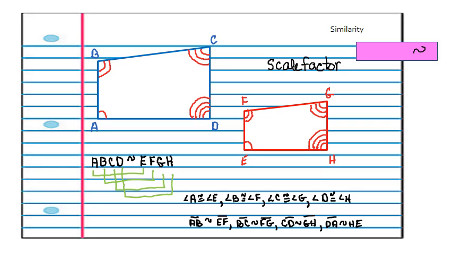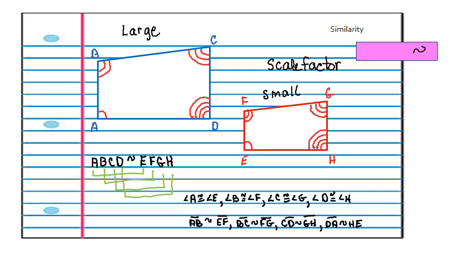But what has happened is you either have a large or a small figure. I'm going to say that this started with a large figure, and then it reduced itself into a smaller figure, but it did it proportionately. That means every side had an equal scale factor between them.